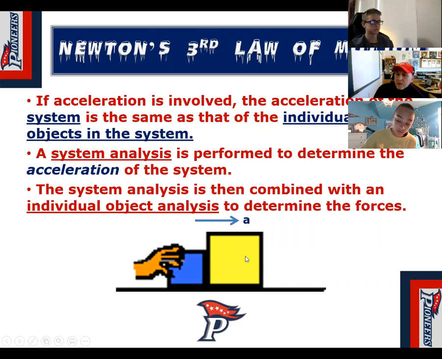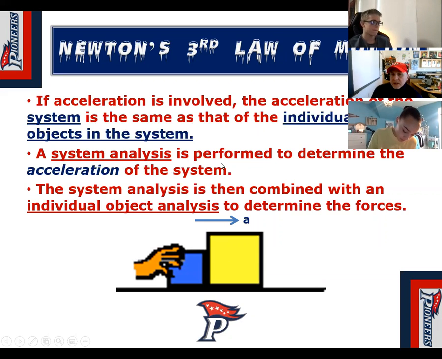But then they're both going to move with the same acceleration. So what we do is look at the system to find the acceleration, and then we use the individual force diagrams to find the forces. Acceleration is always going to be involved in these. The acceleration of the system is the same, since both of these things are moving together, the blue box and the yellow box.